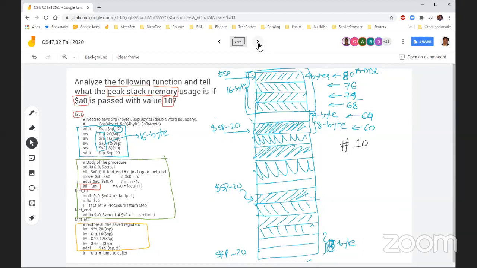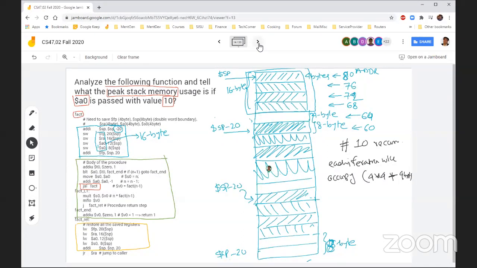But let's say it is a 10 recursion, then each iteration will occupy these 4 variables of 4 bytes plus an extra 4 bytes for these spaces, right?